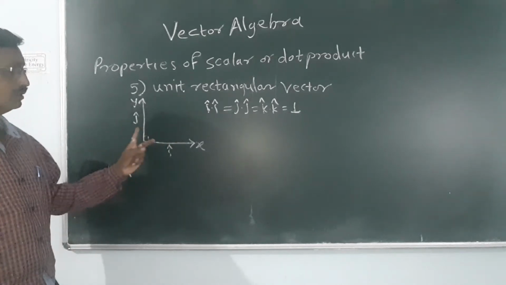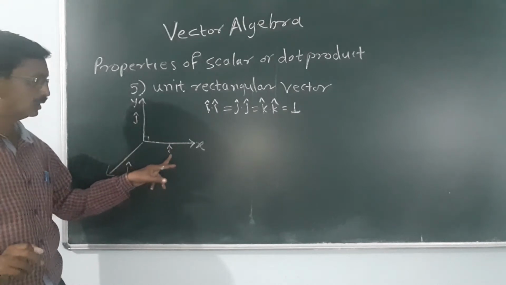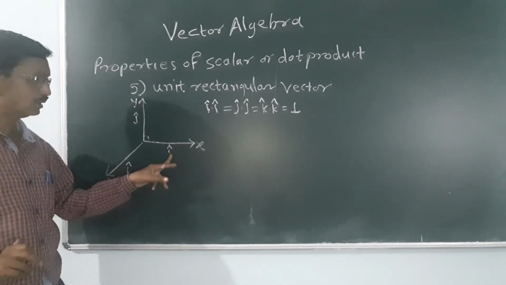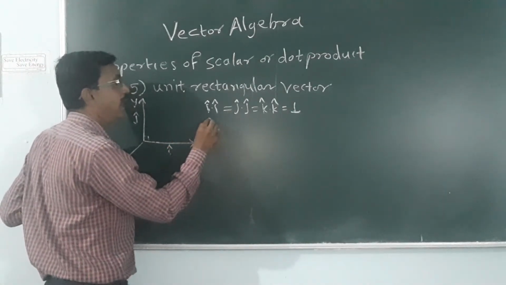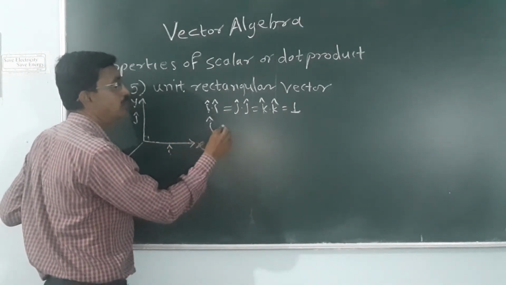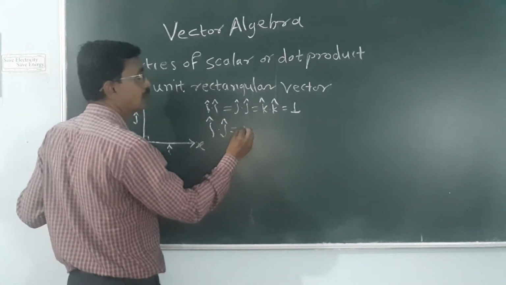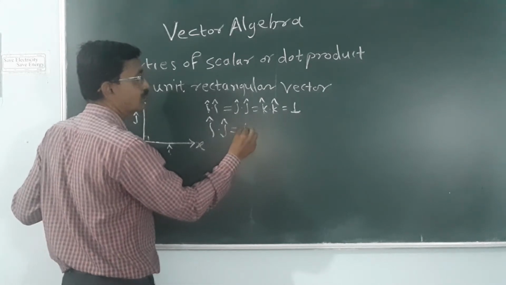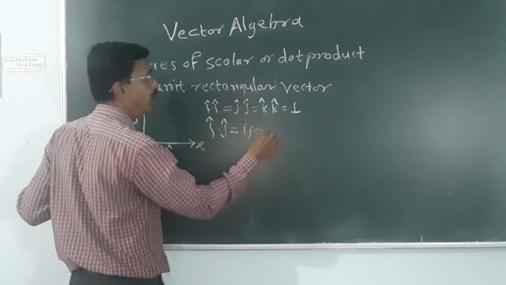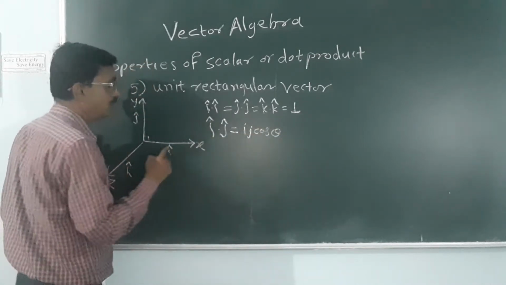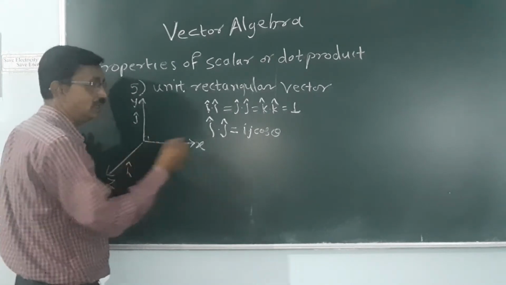Now consider the property related to the x-axis and y-axis, that is, the unit vectors i and j. What will happen? Consider i dot product with j. In such a case, the scalar product is i into j cos theta. Now i is here, j is here, so the angle between them is 90 degrees.